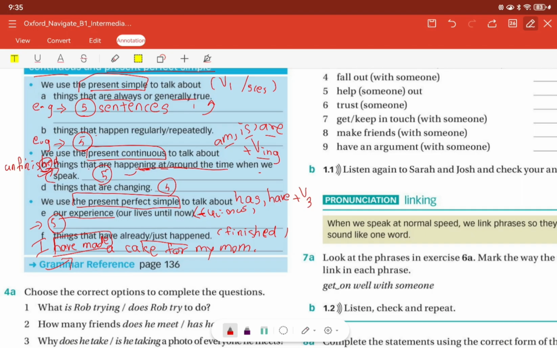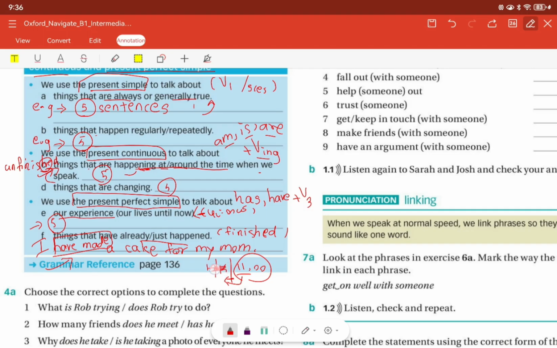For example, now the time is 11 p.m. and you finished it at 10:45. The duration is not very far from the present, so we use present perfect tense.